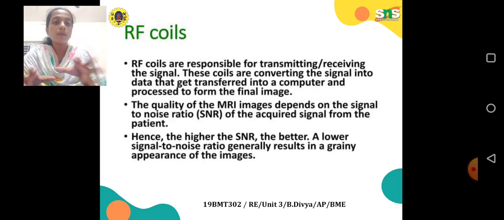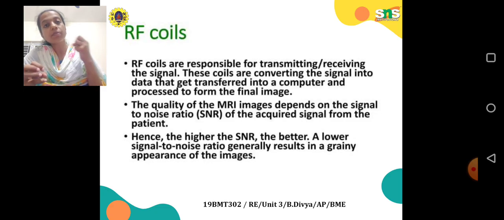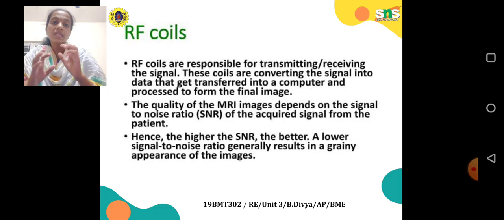The quality of MRI images depends on the signal to noise ratio of the signal acquired from the patient. If we have noise in the captured images, the image will not be very clear, so the signal to noise ratio should be measured to get accurate MRI images.